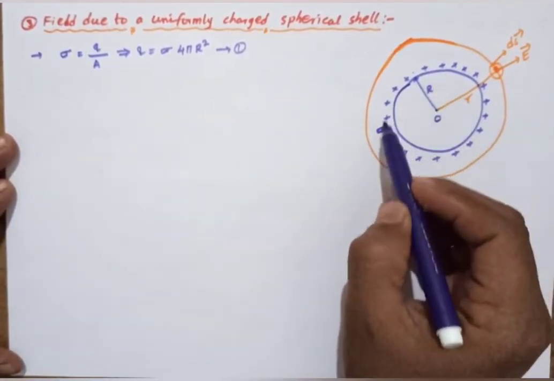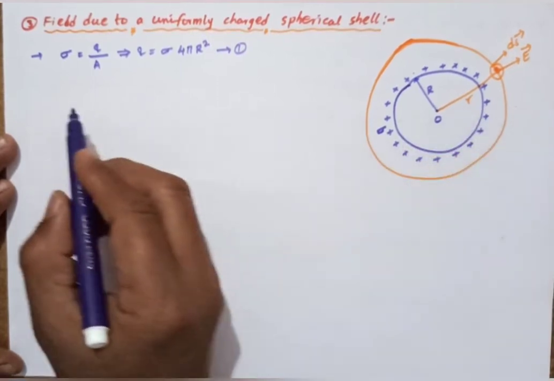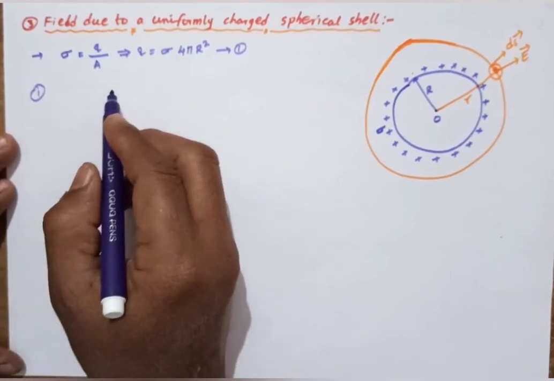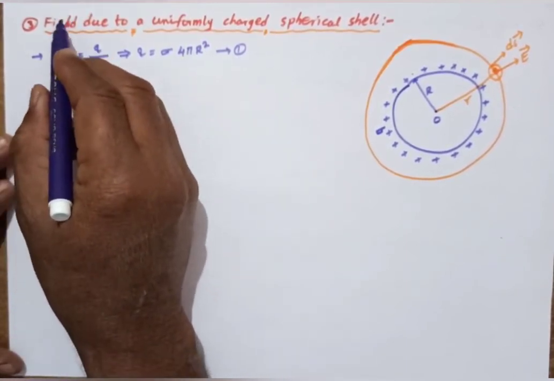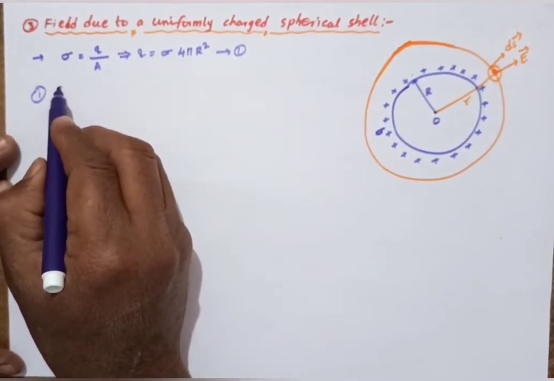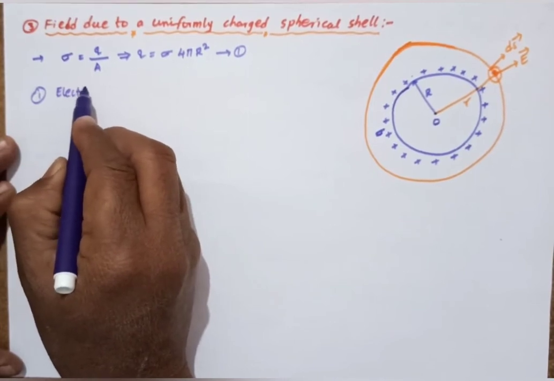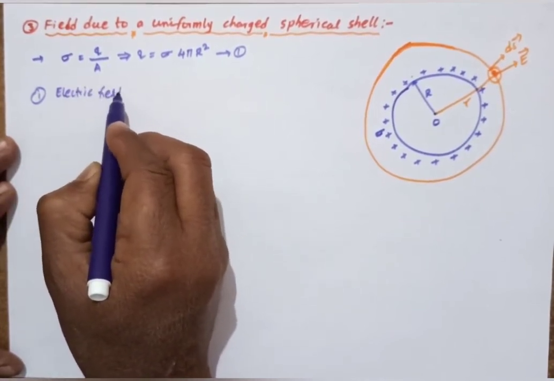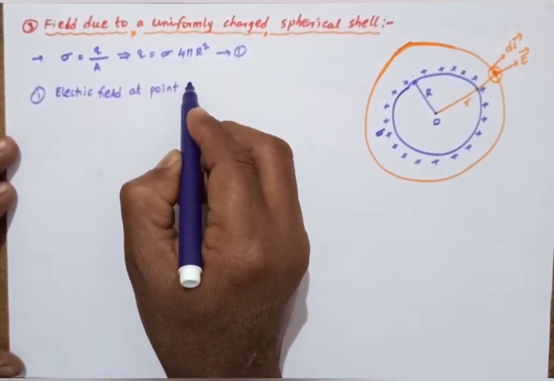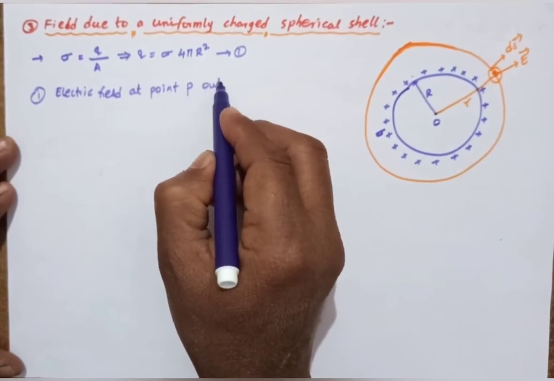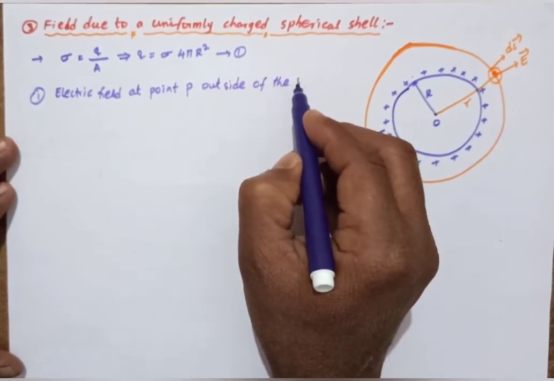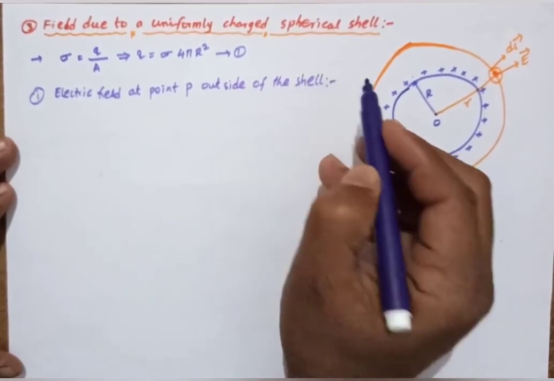So here 3 cases are there. The first case is the electric field at point P outside of the shell.